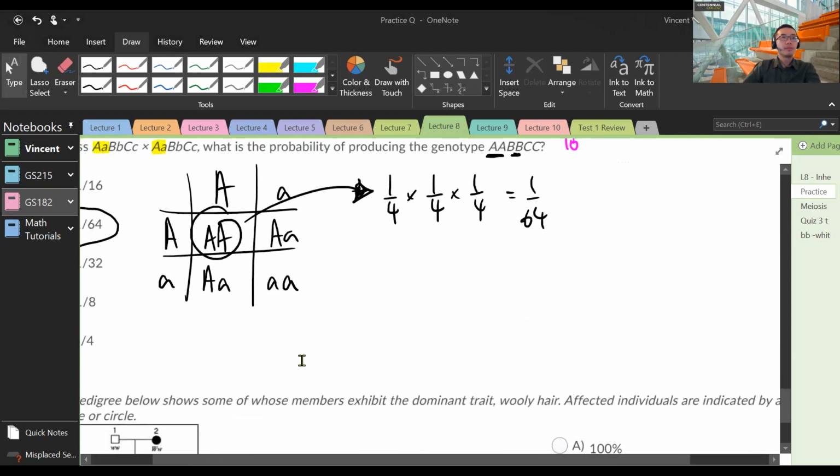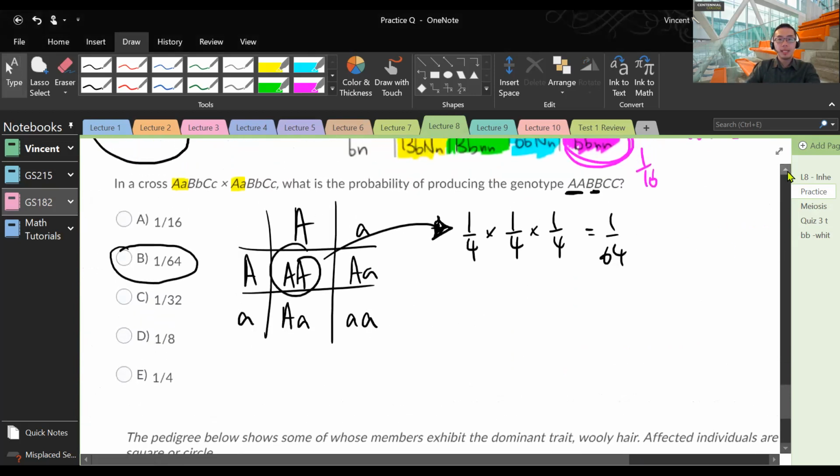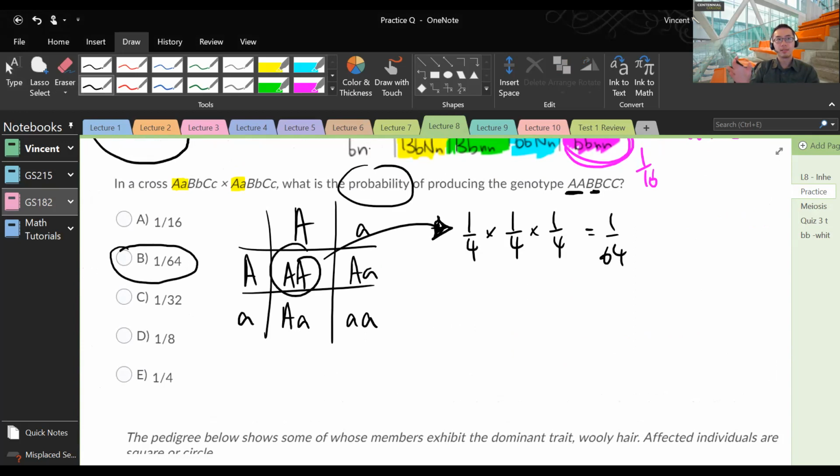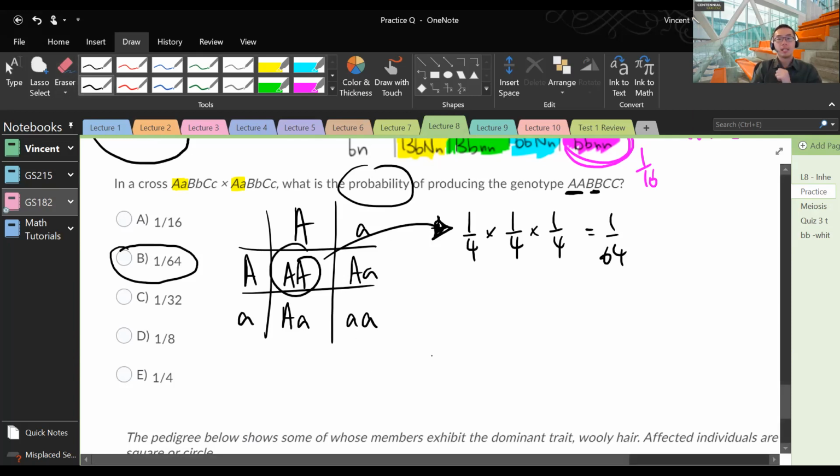Okay, so first of all, the probability of multiple things happening at the same time is just the product, the multiplication, of the probability of each individual event happening. For example, what's the probability of getting a head on flipping a coin plus rolling an even number on a dice?